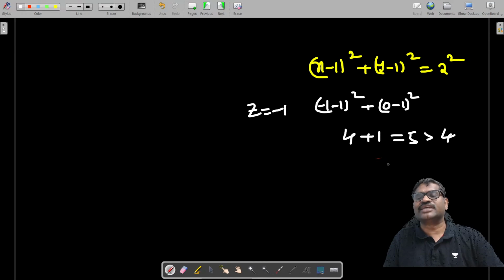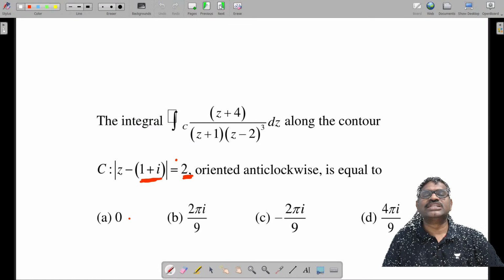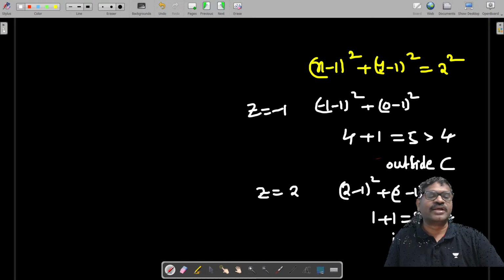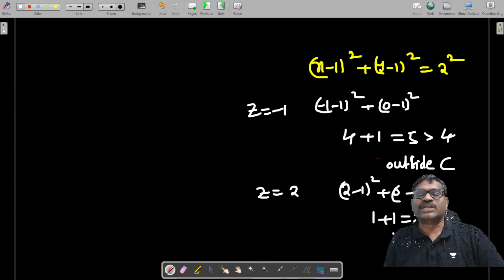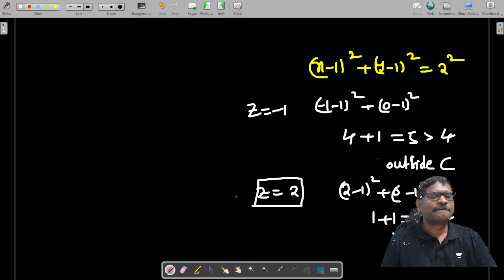LHS is greater than RHS, therefore it lies outside C. Another singular point, z equal to 2: 2 minus 1 whole square plus 0 minus 1 whole square, 1 square plus 1 square, that is 2, less than 4, therefore it lies inside. One singular point lies outside C, another lies inside C. Z equal to 2 lies inside C.